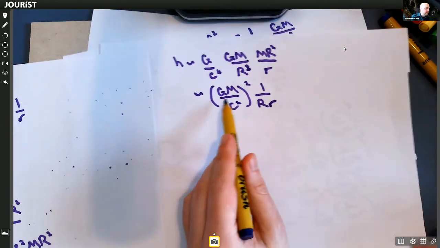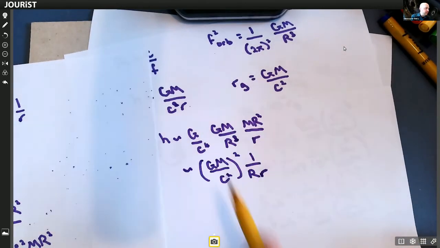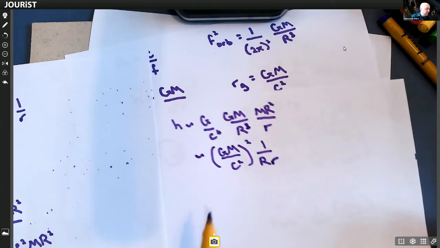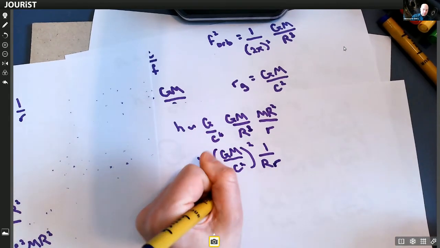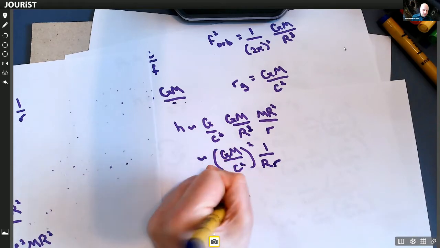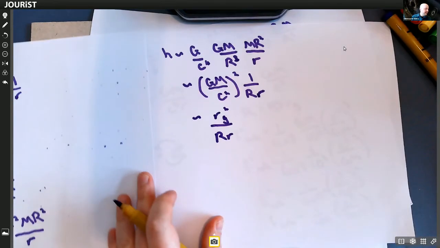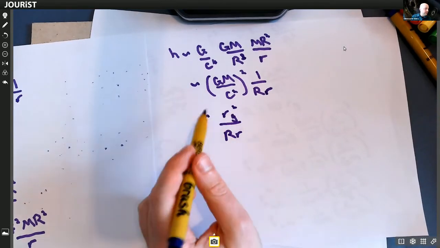Okay. Now, this term here is also something we've just met. It's our characteristic gravitational radius. So we see that this here works out to be something like r_g squared over r. Too many r's perhaps. But this then works out that we've got the right dimensions.